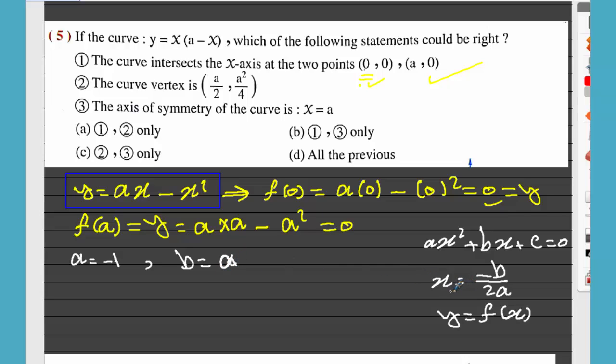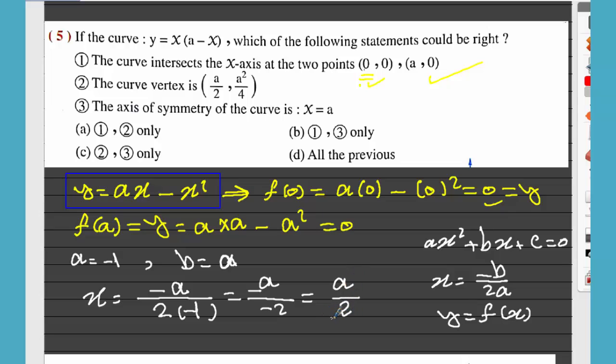When we substitute to get the x coordinate, we write x equals negative b, so we will not write b. b equals a, so we write negative a over 2a, but a equals negative 1, right? So we have negative a over negative 2, which equals a over 2.